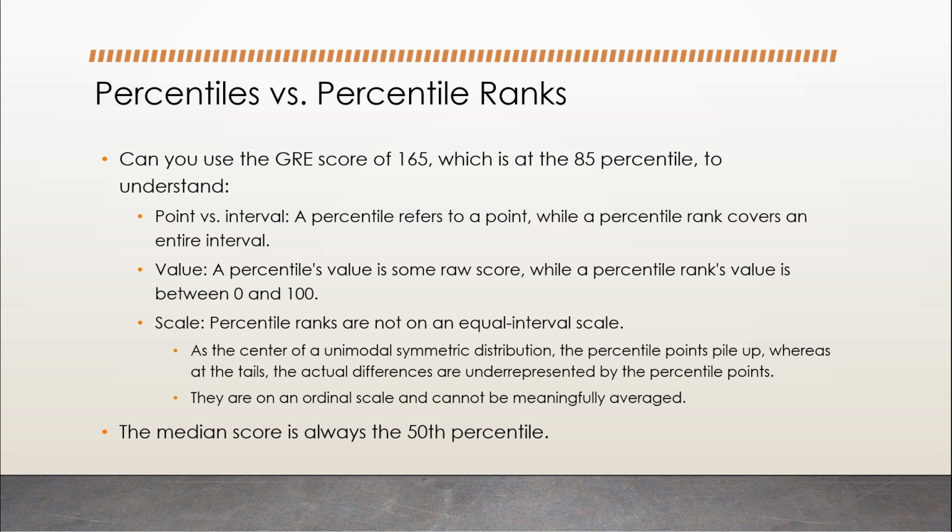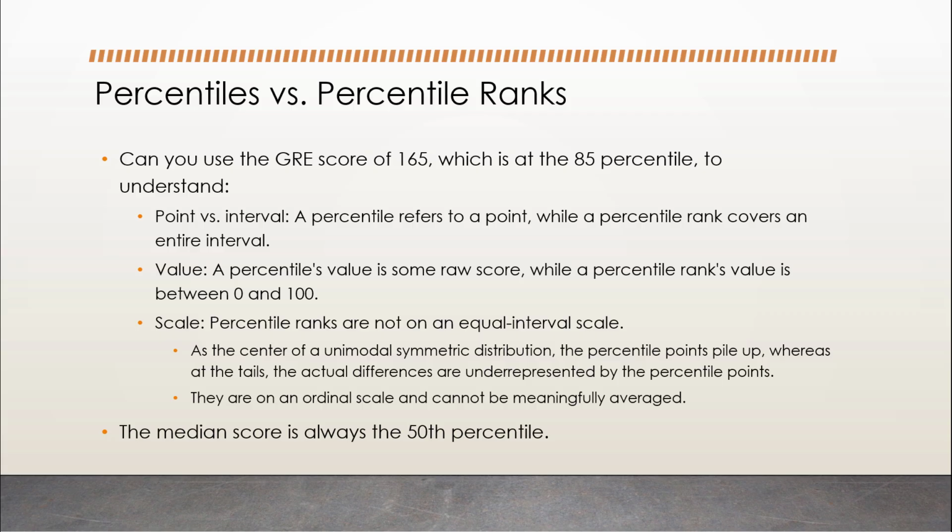For example, many students have GRE verbal scores around 150. The interval between the 50th and the 60th percentile ranks is only 1 point, from 150 to 151.